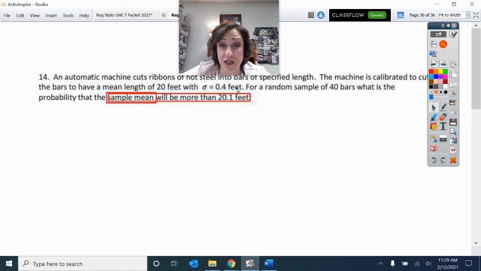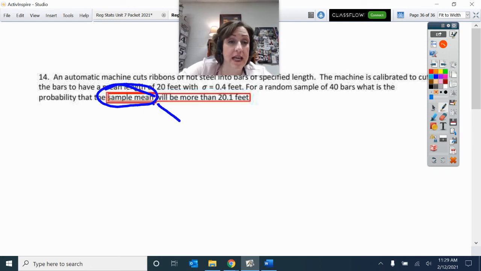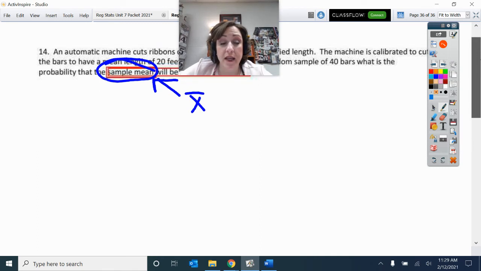See that sigma? It's a population standard deviation. For a random sample of 40, so I've got a sample size of 40, what is the probability that the sample mean, so I'm asking about X bars, being at 20.1 feet or higher.